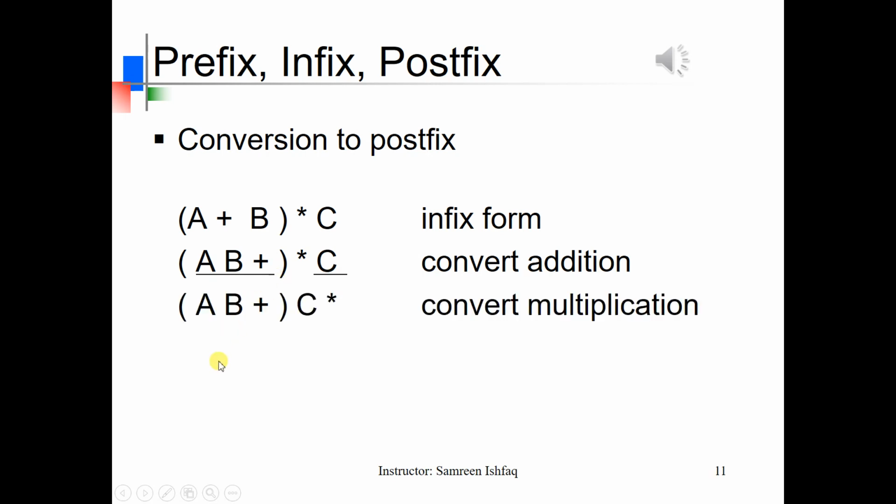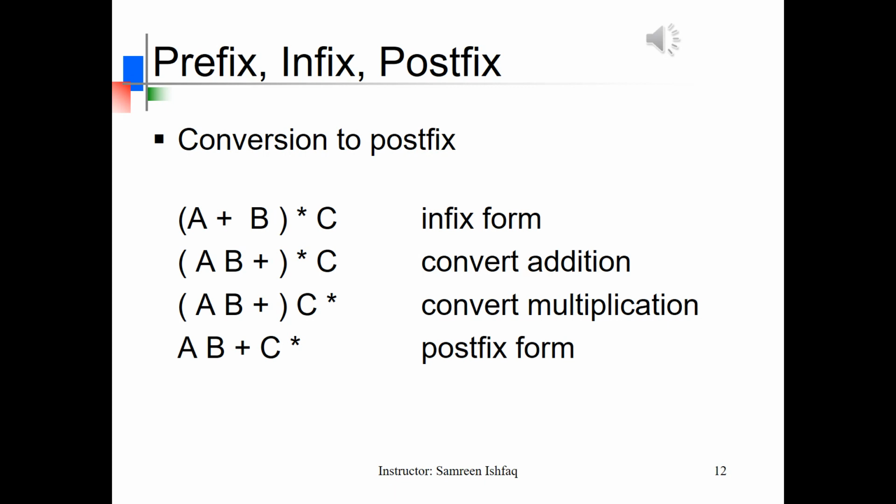To solve the multiplication part, we will read A B plus as a single operand 1 and C as operand 2 for the binary operator multiplication. So the final postfix form is A B addition C multiplication. You have noticed that we have solved two examples; in both examples the order of operands is the same.